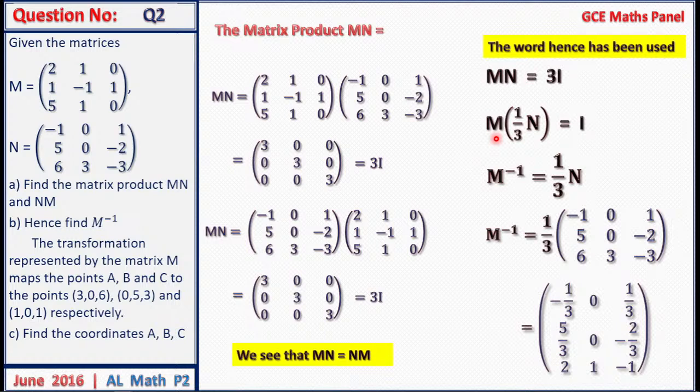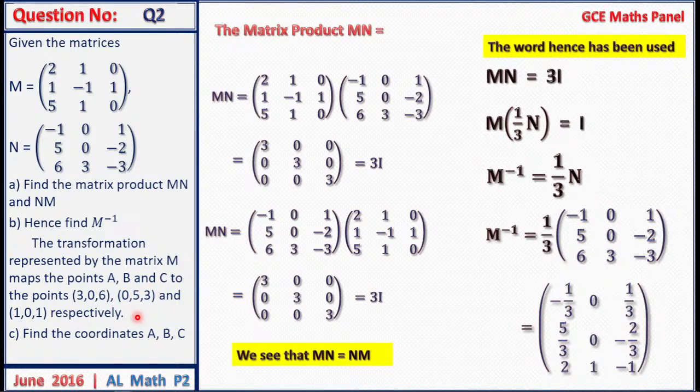We should find the coordinates of A, B, and C. Here M is our transformation matrix, and it maps the points A, B, and C to certain points. We don't know the coordinates of A, B, and C, but we know that A is mapped onto the first point, B onto the second, and C onto the third.